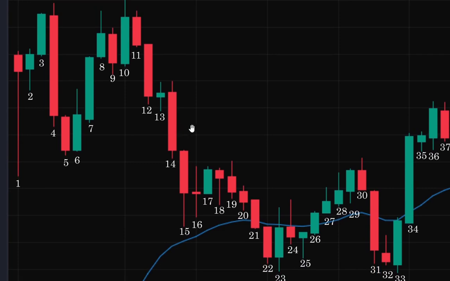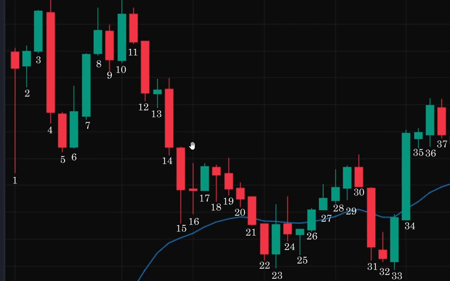Now let's understand what happens after bar 15. Even now the price is above this moving average. Let's see bars 15, 16, 17, 18, 19. The price couldn't go below 15, the price could not go below 16, and yes, then there is a price which has gone below.